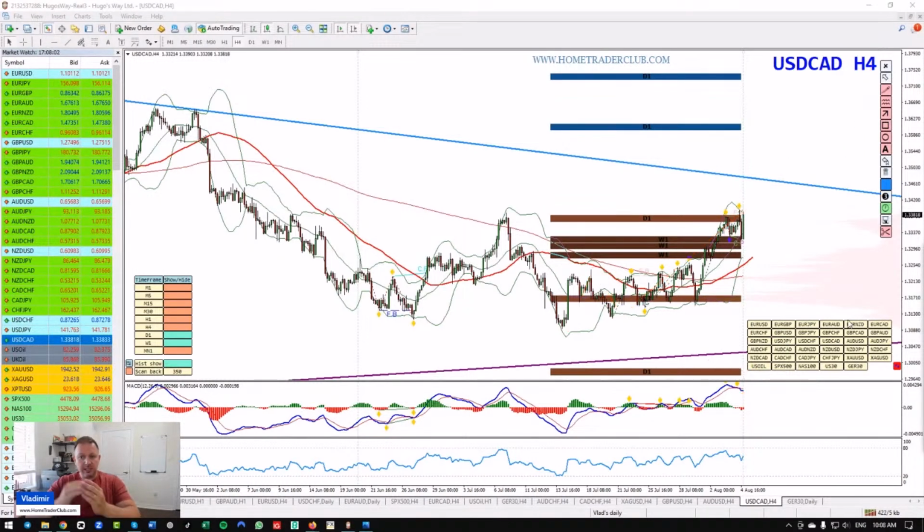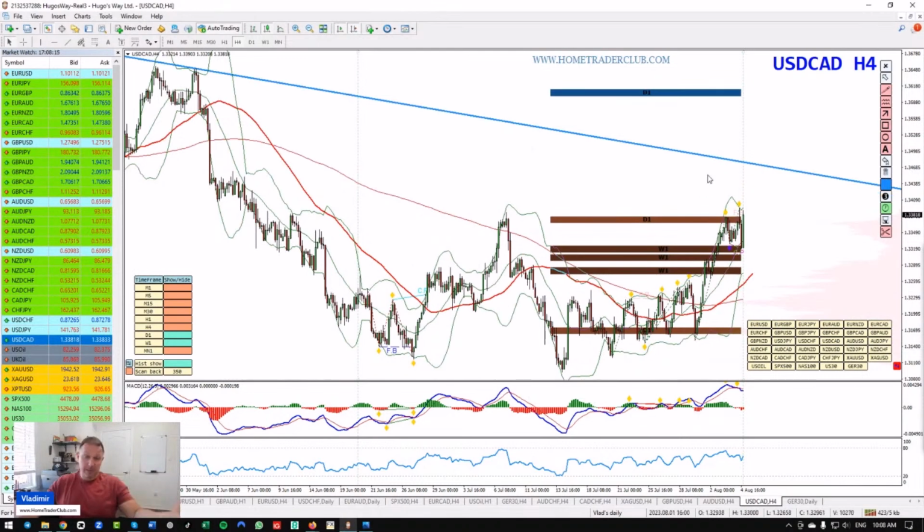Okay, so these are the scenarios I'll be following to trade both the short term from the key levels and then the long term buys that I expect to see with the longer term charts. That's my view on the dollar CAD.